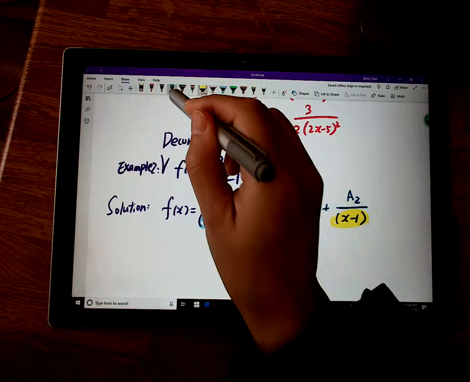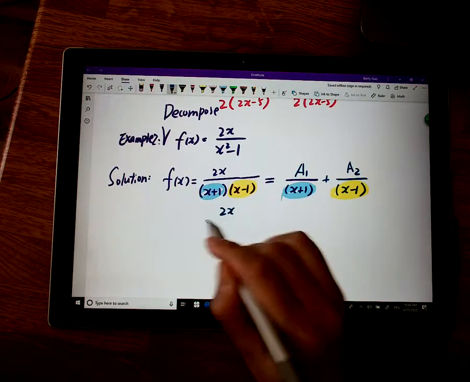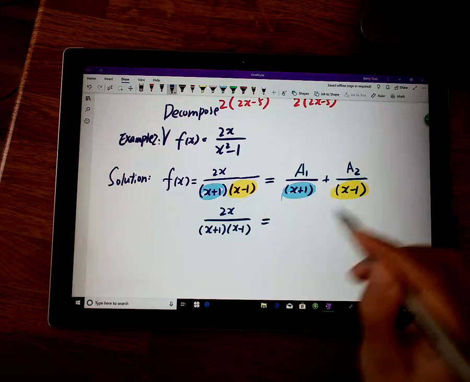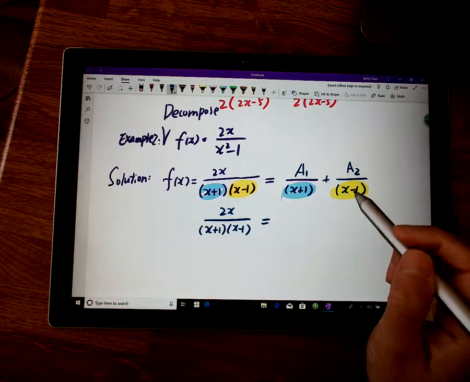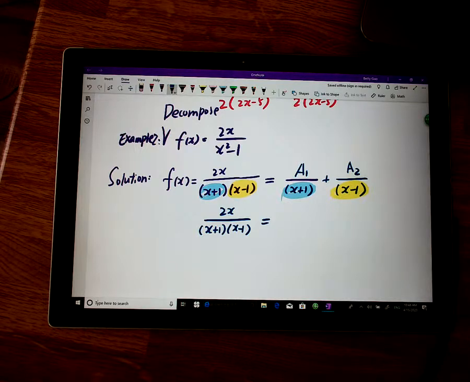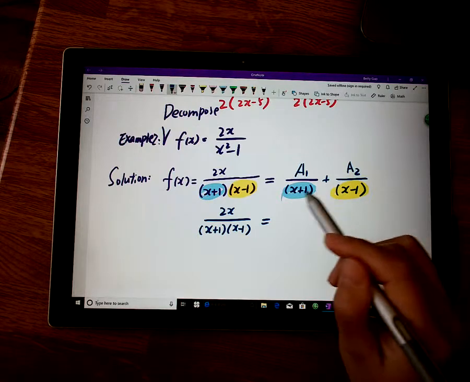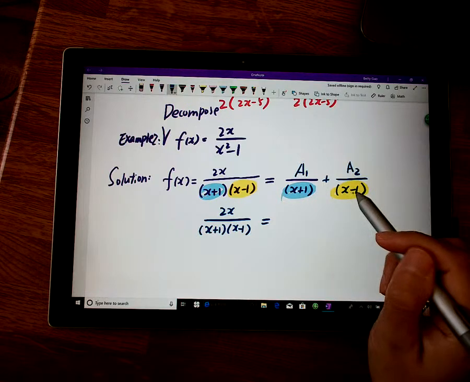Okay, so let's see how we find the values for a sub 1 and a sub 2. 2x over x plus 1 times x minus 1. On the right-hand side, we're going to add them up. We know they do not have the same denominators. We need to find their least common denominator. Their least common denominator is going to be the multiplication of x plus 1 and x minus 1.